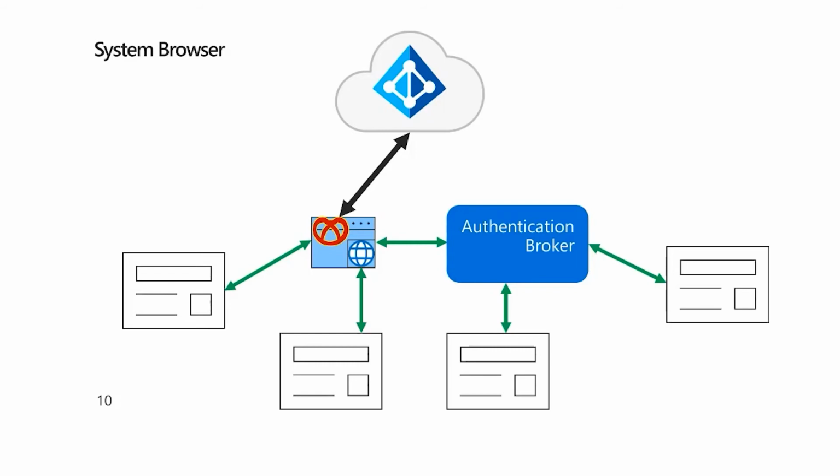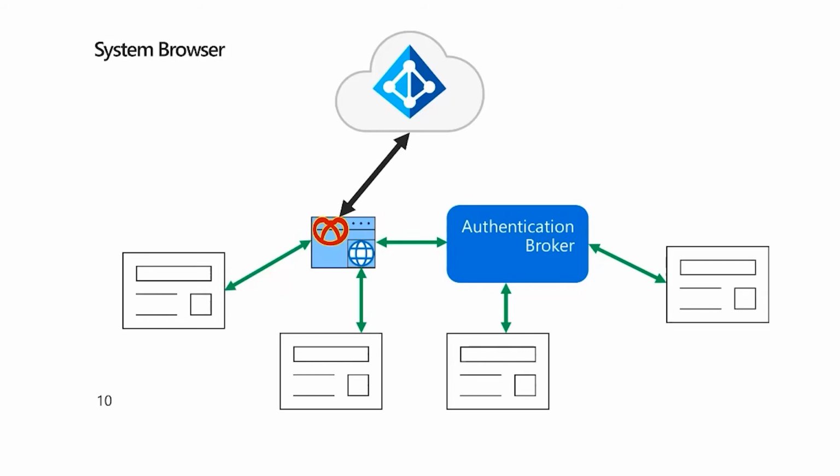So application developers would now have a choice of going directly to an authentication broker or directly to a system browser in order to drive these authentications. And that's the world that we would like to see everyone adopt. So we're doing work ourselves to make our authentication brokers start to use the system browser.